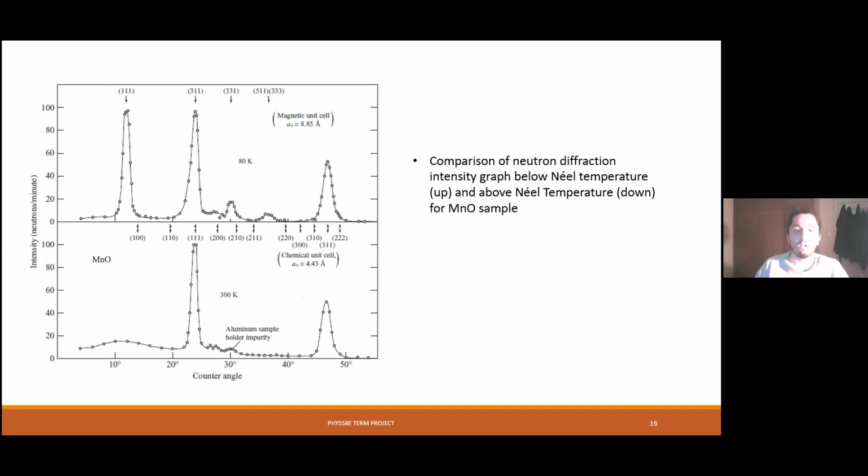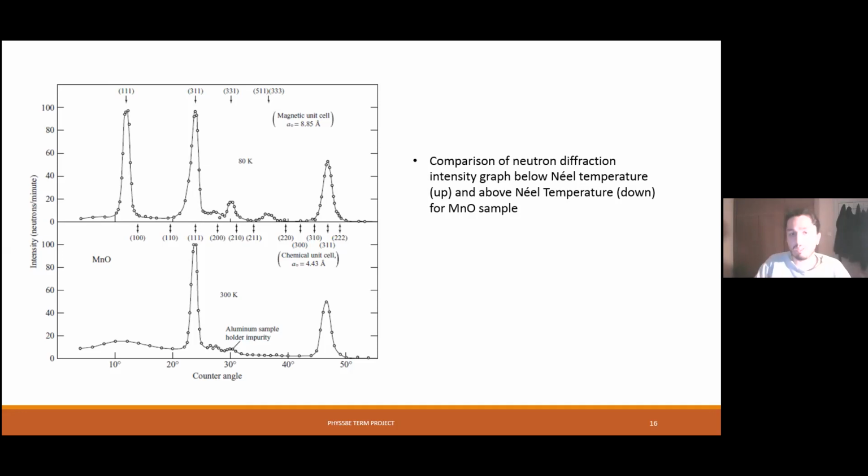This is the 80 Kelvin and 300 Kelvin measurements for the neutron diffraction experiment for magnesium oxide. As you can see there, under the Néel temperature, 111 and 311 are the two individual peaks coming from the material. But when we bring it to around room temperature, we can observe only one peak, which means that at room temperature, only one scattering mechanism occurs.